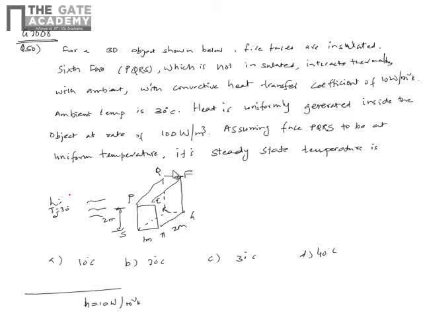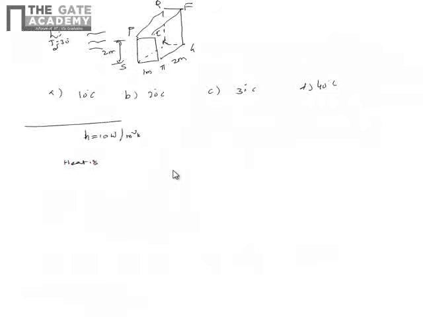Okay, so when will this object reach steady state? Now heat is getting generated uniformly. So if it doesn't lose any heat, obviously the internal energy will increase and the temperature will rise. But for it to reach steady state, the rate at which heat is getting built up inside should be the rate at which it loses heat, and the only face where it can lose heat is PQRS.